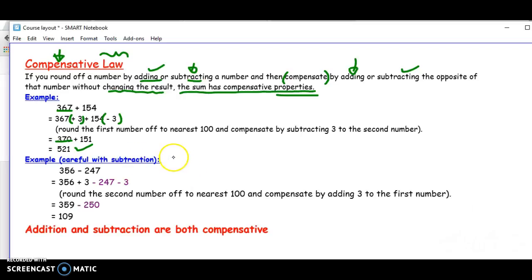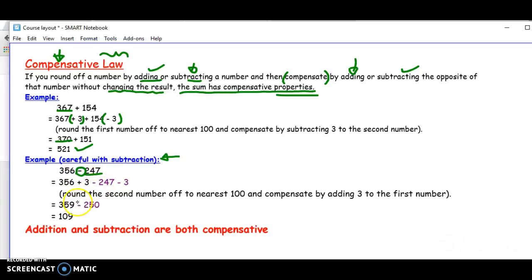Only thing that we need to do is we need to be careful when we work with subtraction. So let's look at it. 356 minus 247. Maybe it would be easier to make it 360, but maybe this will be easy if this is 250. Notice this is minus 247.